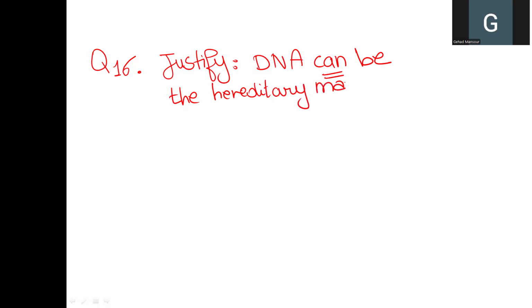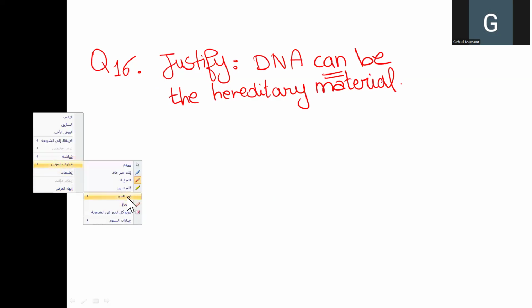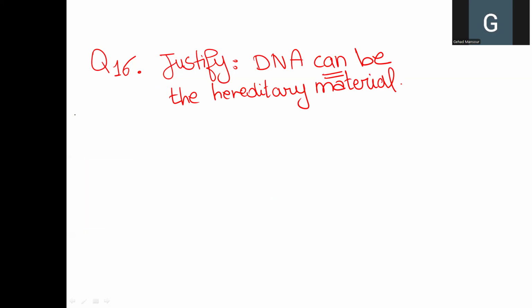And now we will bring a series of pieces of evidence that DNA can be the genetic material. Number one, DNA fits into being a genetic material or has all the characteristics that allow it to act as a genetic material.